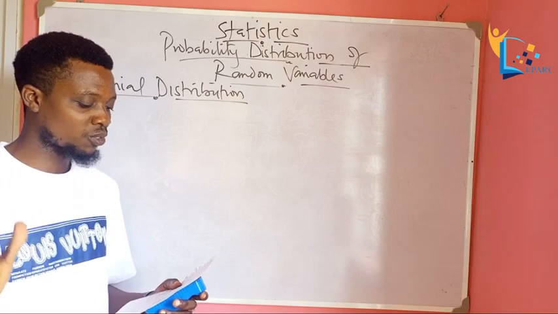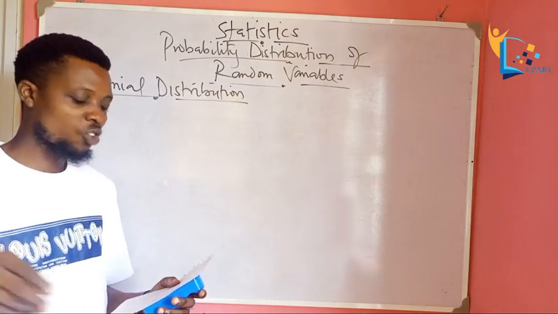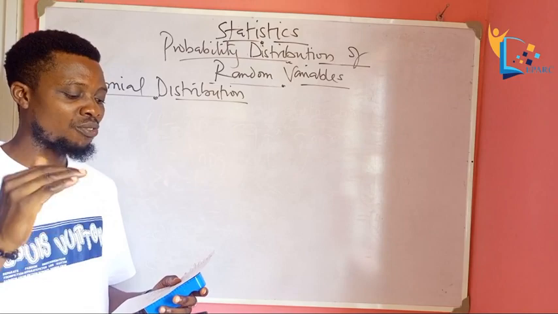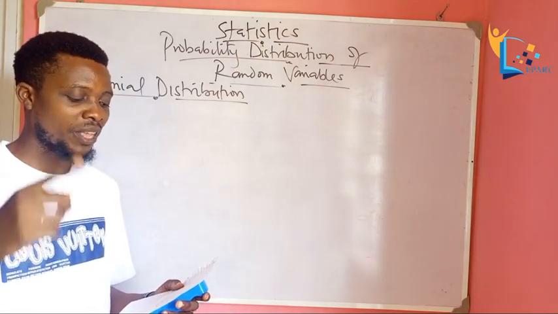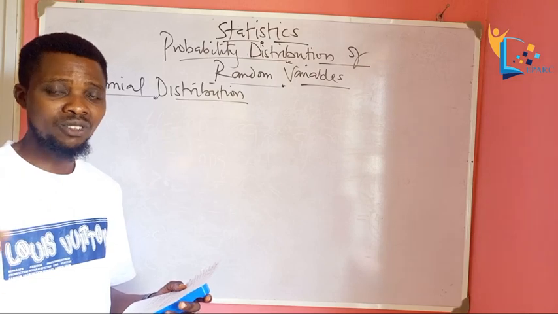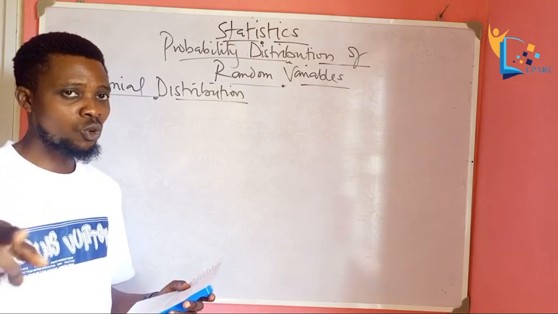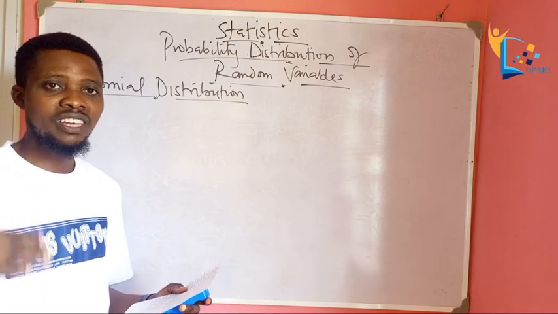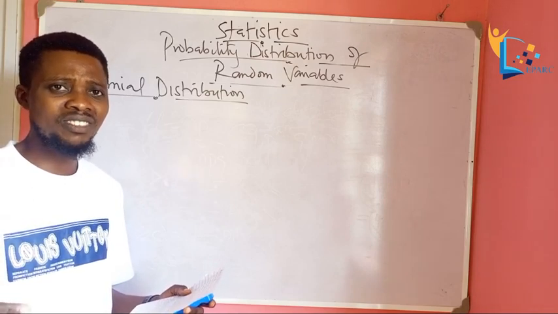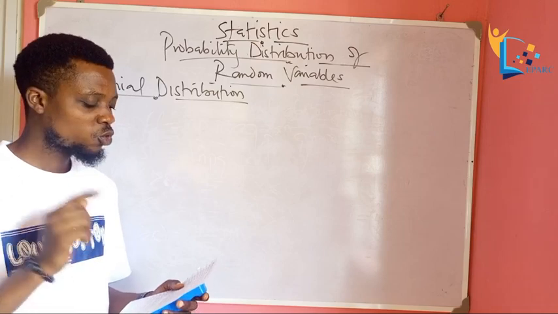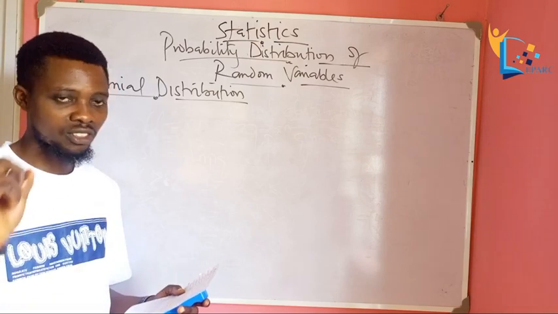Out of a batch of 5 accounts, it was discovered that 1/4 of all the accounts are found to contain errors. The ones that are found to contain errors are our success. Remember I told you in one of the properties, the probability of success is constant in each trial. So the error found there is our success.